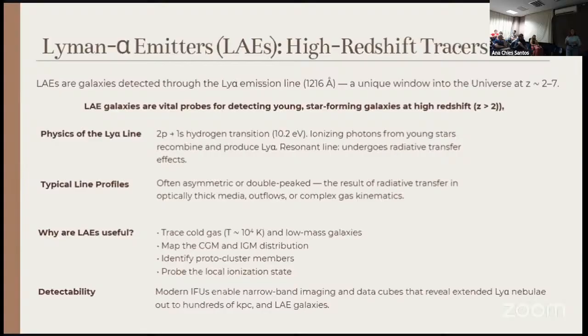Detecting Lyman-α emitters is useful because these galaxies trace cold gas and low mass galaxies. So you are able to map the environment of the quasar with this type of galaxies. This type of galaxies is useful to identify proto-cluster members and probe the local ionization state of these regions.